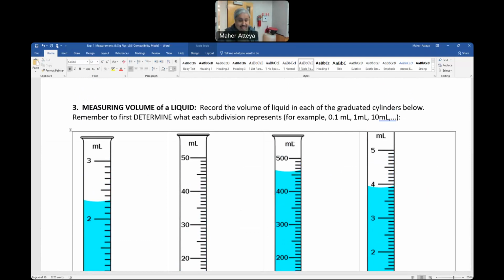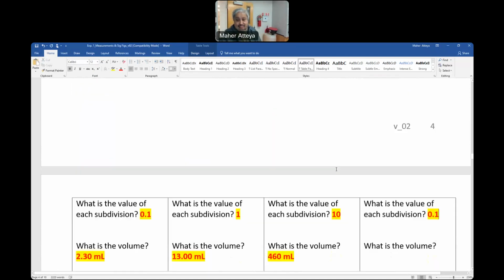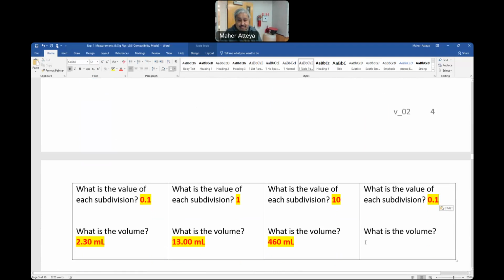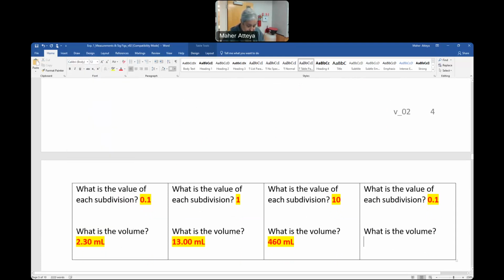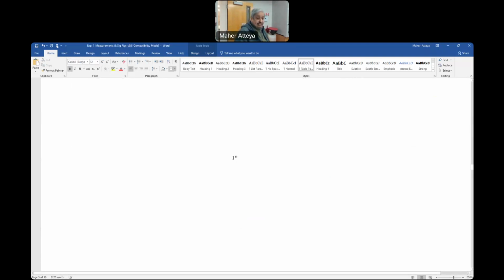Yeah, 3.9. I'll take it, 3.90 ml. So now we just highlight it in red, and that's it for this graduated cylinder.